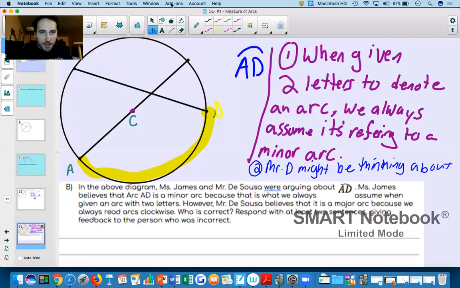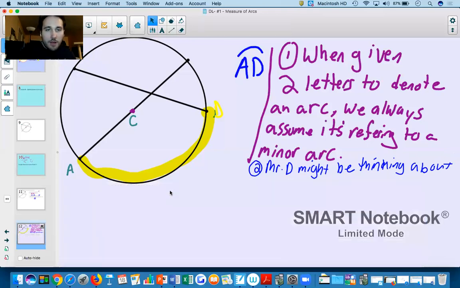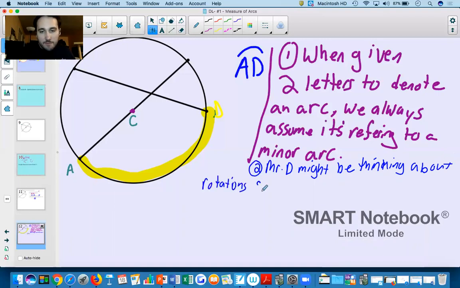Check this out, I'm gonna do some magic. Goodbye, question. All right, I need more space. Mr. D might be thinking about rotations from the transformations unit.